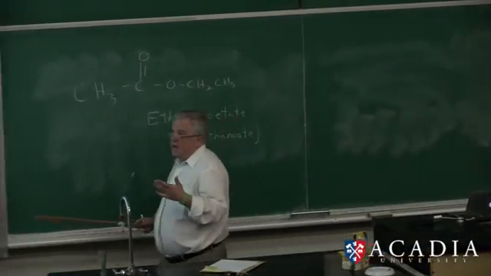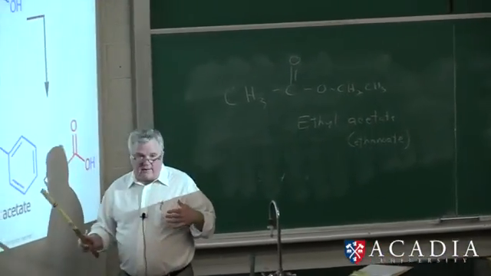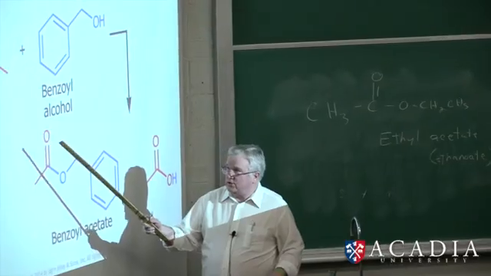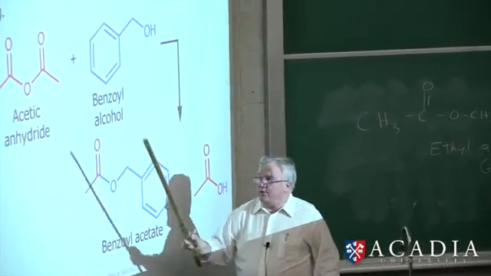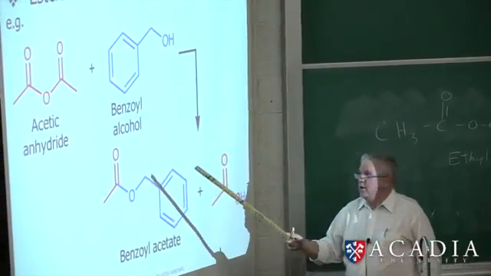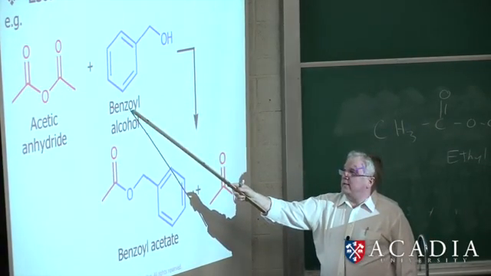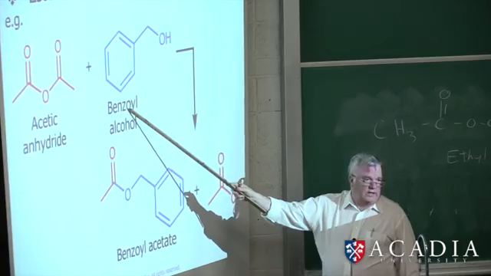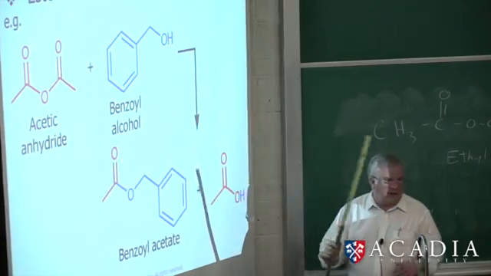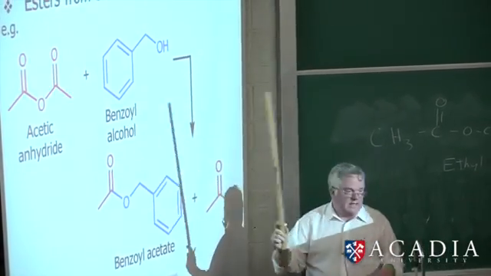So acid anhydrides are also more reactive than esters, and we can make esters by taking an acid anhydride, in this case acetic anhydride, reacting it with oh, that's a mistake. That shouldn't be benzoyl chloride. That should be benzyl chloride, okay? I just noticed that now. Benzyl chloride.